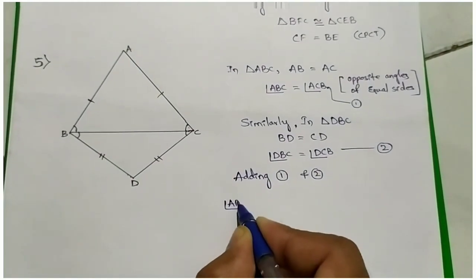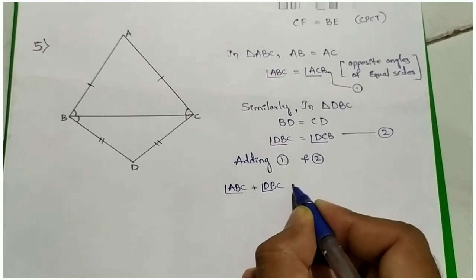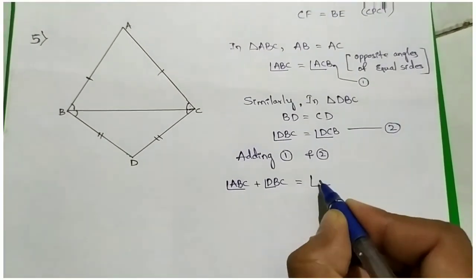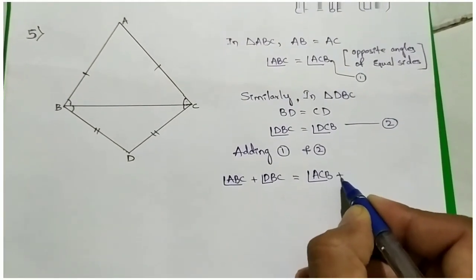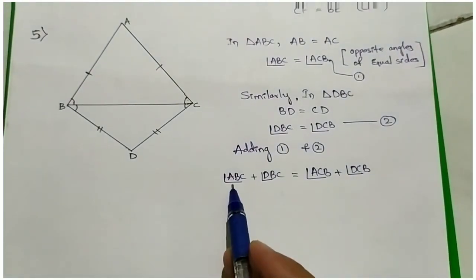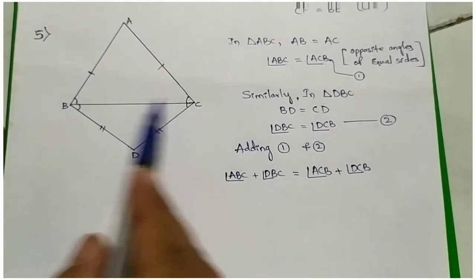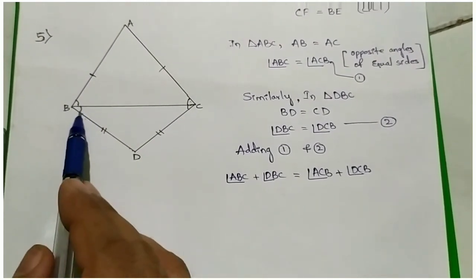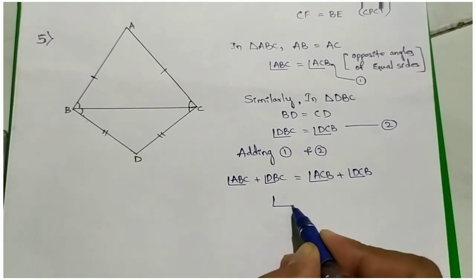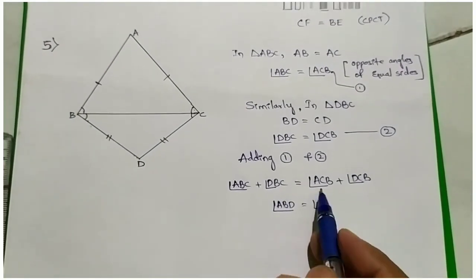So ABC plus DBC equal to ACB plus DCB. Okay, see in the figure, ABC plus DBC. If you add these two, you will get the total angle, that is ABD, equal to ACB plus DCB.